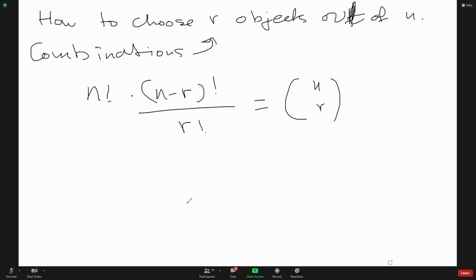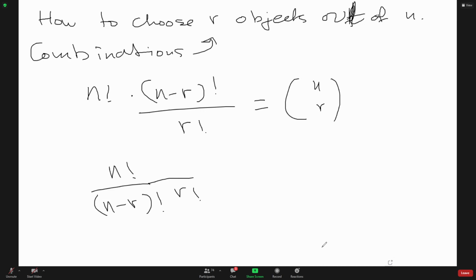Can I answer? Yes. Can we say that n factorial over (n minus r) factorial multiplied by r factorial is equal to, because we choose r out of n, the permutation of n and r over r factorial, as far as I remember.